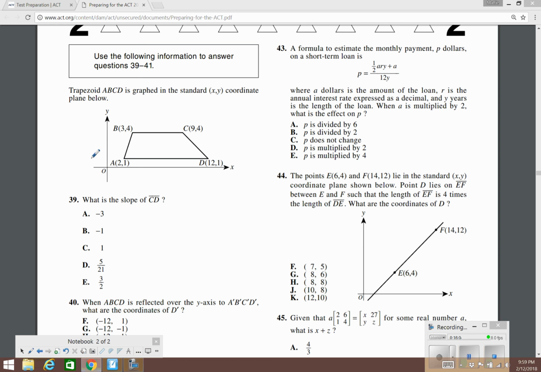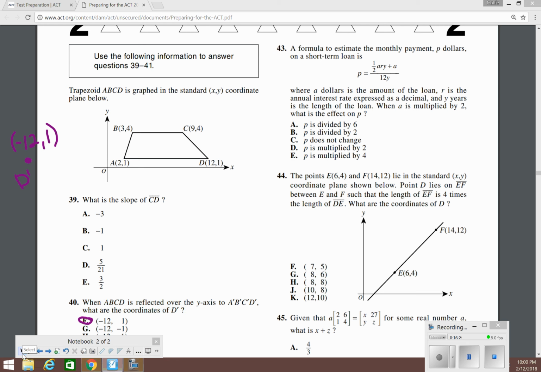So I would go 12 units on the other side, which would put my new D here. If 0 is the middle, it was 12 units to the right, so we're going to go 12 units to the left, which is negative 12, and it's going to stay at positive 1 as my y coordinate. So negative 12, positive 1, which is choice F for number 40, and that was reflecting it across the y-axis.